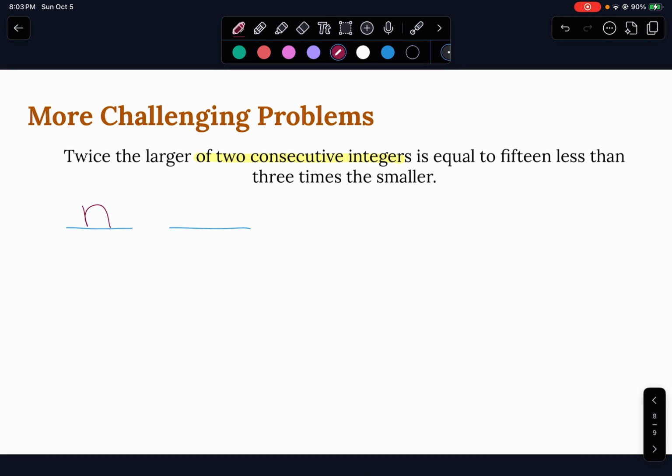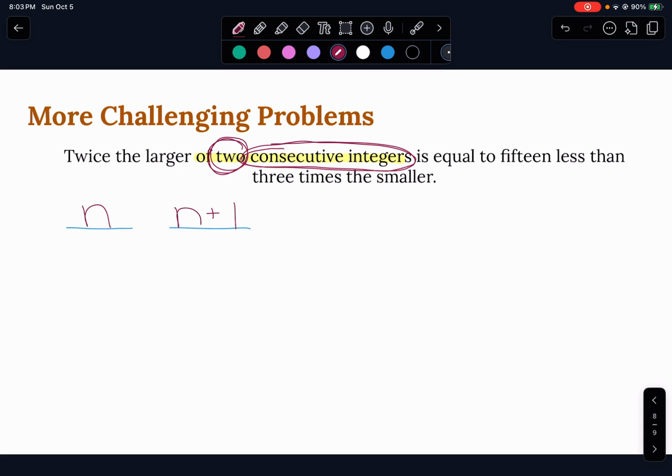And my second integer, I need to decide if it's going to be consecutive integers, which it looks like it is. I know it's going to be going up by ones. So I'm going to say n plus 1. If it was odd or even, then I know I'm going up by 2, 4, 6, 8, and so on. And I know it's only 2 lines because I'm told it's 2 consecutive integers.